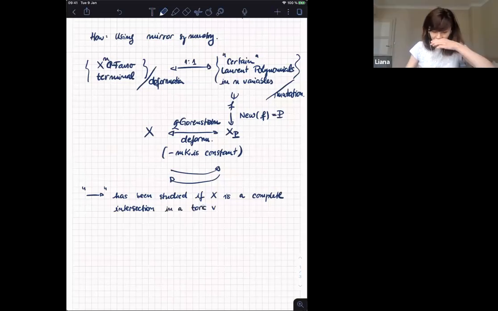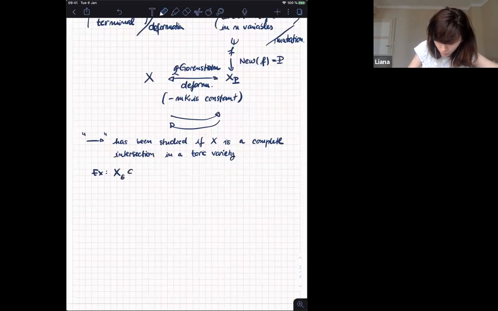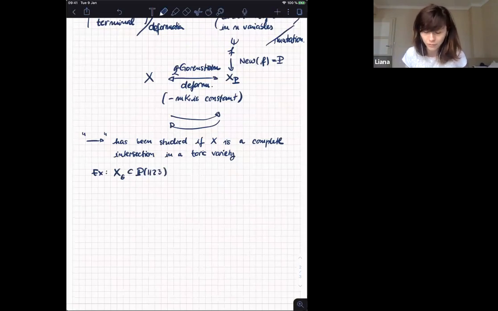So there is literally an algorithm for how to do this if X is a complete intersection in a toric variety, and it spits out a Laurent polynomial. A very easy example for this is, let's say you have a hypersurface of degree 6 inside of P(1,1,2,3). So P(1,1,2,3) is a threefold, therefore X will be a surface.